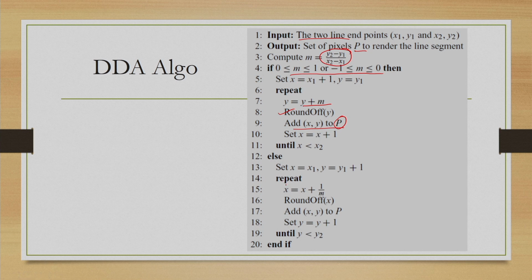And when m is not within this range, we compute successive x values by adding 1 by m to the current value and perform the same steps again. So, we continue in both the cases till the other end point, as you can see in this loop termination conditions.